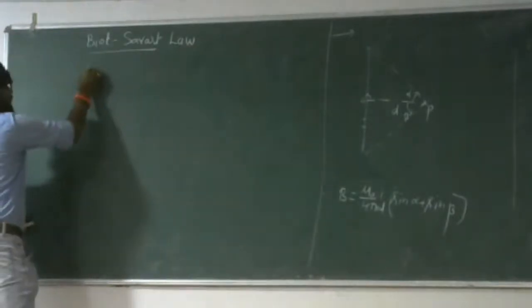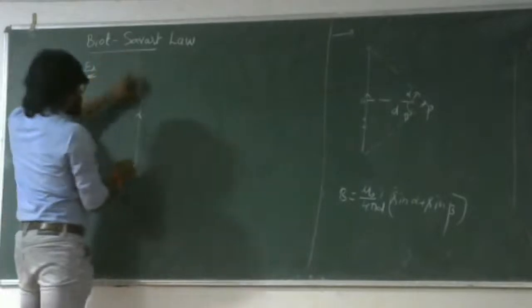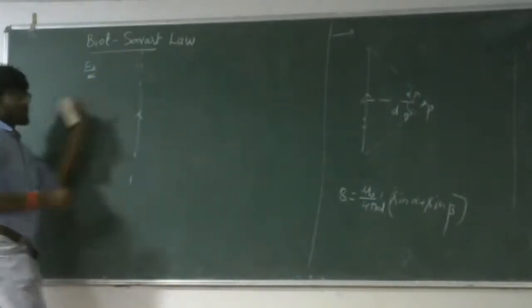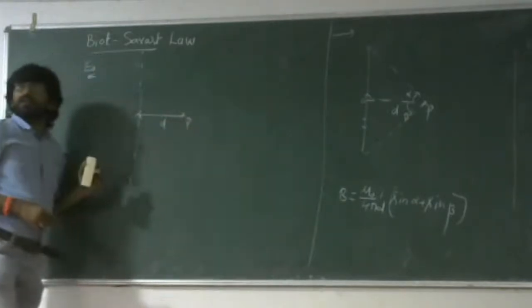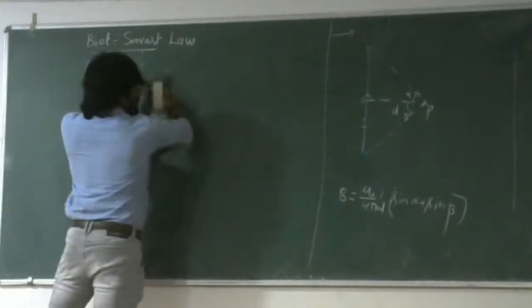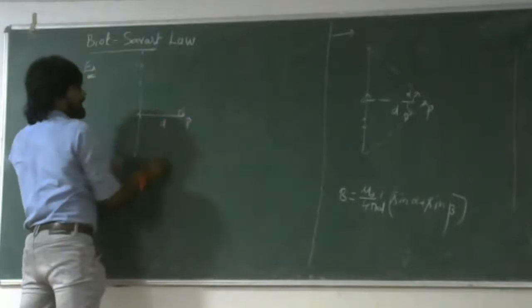That is another special case, the infinite conductor. If you have a conductor which is going to infinity, then due to this, at a point P which is at a perpendicular distance d, we are asked to find the magnetic field. So we have to consider that the line which we have considered will go to infinity, and so it looks parallel to this conductor.